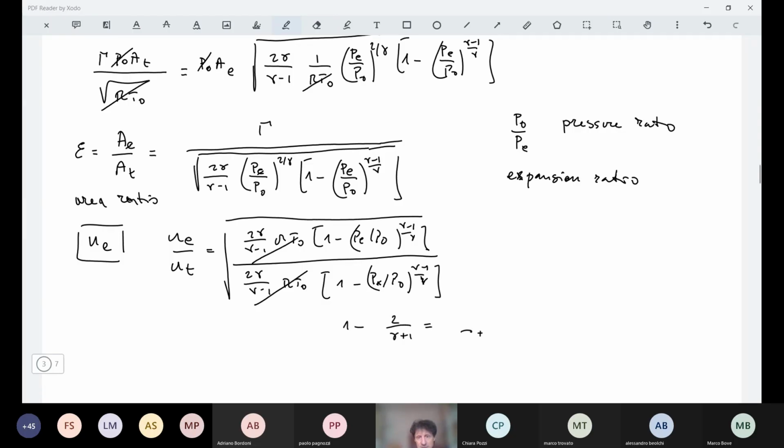So the denominator is gamma plus 1, and in the numerator we have gamma minus 1. So at the end, we have gamma plus 1 over gamma minus 1, 1 minus Pe over P0.